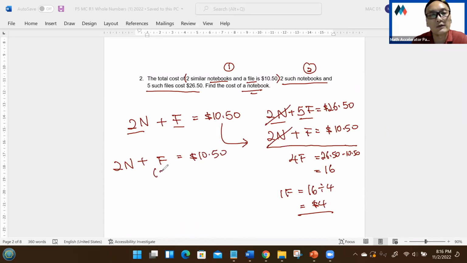So here we already find out that this one is $4. So 2 notebooks, can you find out for me what's the cost? 10.50 minus 4. What do we get? Okay, thank you everybody. We will have 6.50. Right. So 6.50 is over here. Then we find out what's the cost of a notebook.